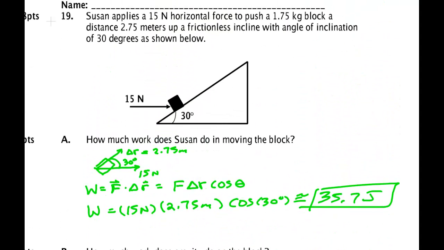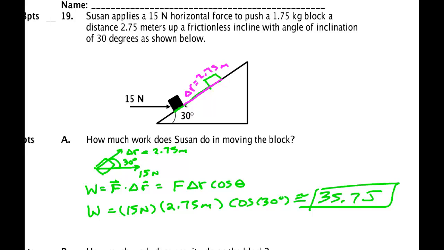Now, I'm going to push this block up this far. Let's call that distance that we said earlier. So I'm going to push it from here to there, and that delta R is 2.75 meters.